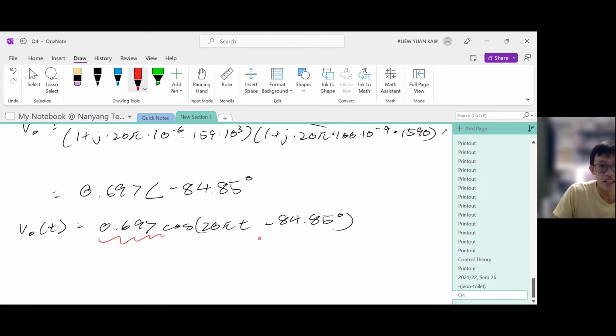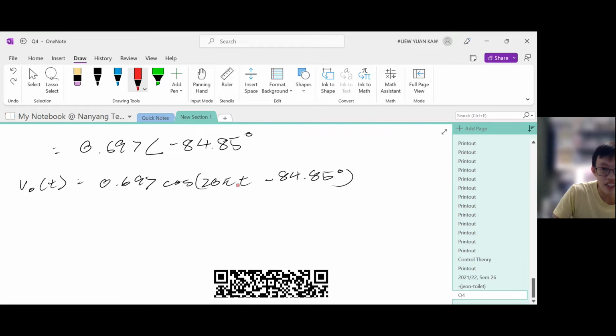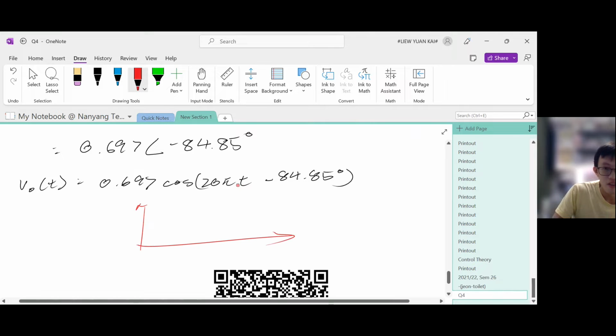It makes sense that it's really small, right? Notice that this amplitude is kind of small, 0.697, because earlier we got a cutoff frequency of 1.00097 hertz, remember from the first question? And this is a low pass filter, right?